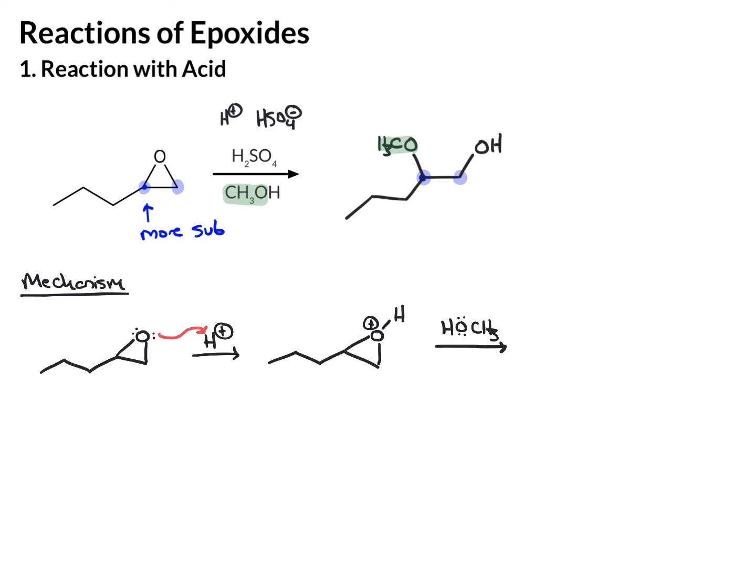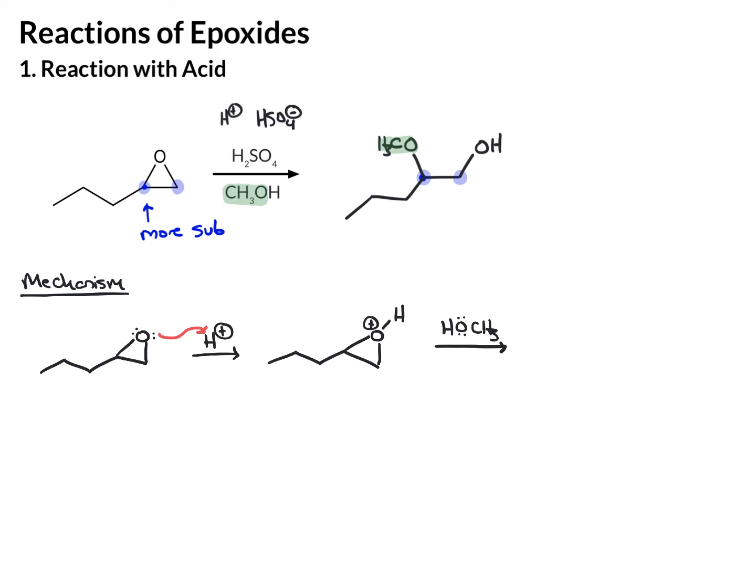We have lone pairs on that oxygen, which is a site of high electron density, and it can react with the epoxide. Now, a common mistake that people will sometimes make is they'll see that positive charge on the oxygen and draw their curved arrow to here. Well, even though that oxygen is positively charged, oxygen already has 3 bonds.